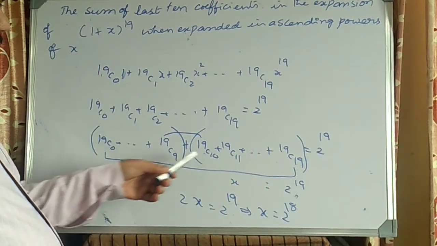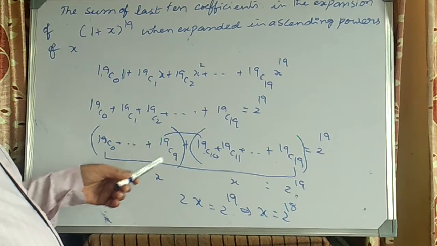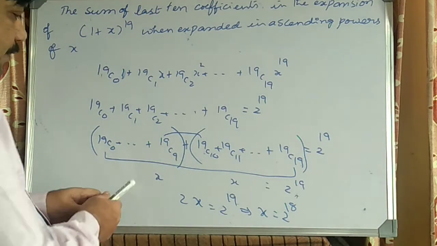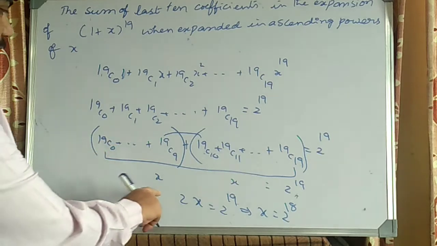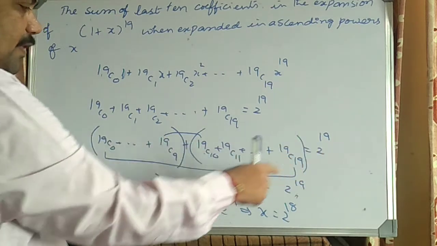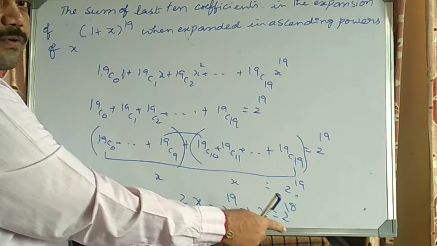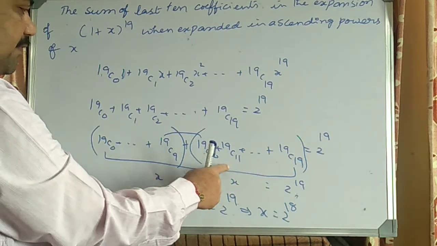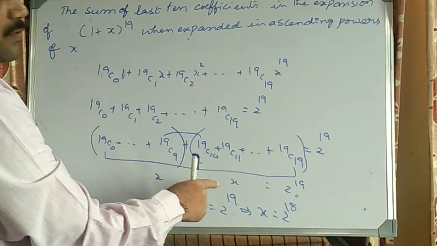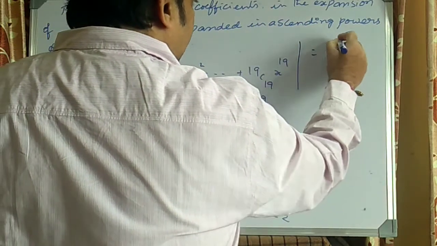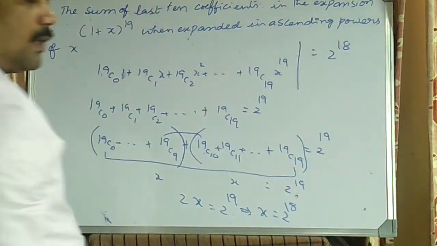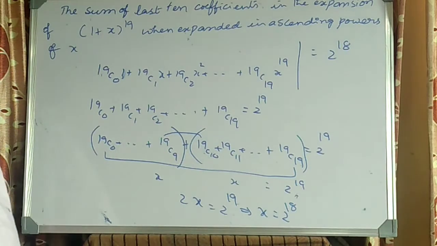I am taking those two parts as x. So x plus x, I got 2x is equal to 2 to the power 19. So x is equal to 2 to the power 18. x means any one of these parts. So your answer will be 2 to the power 18.